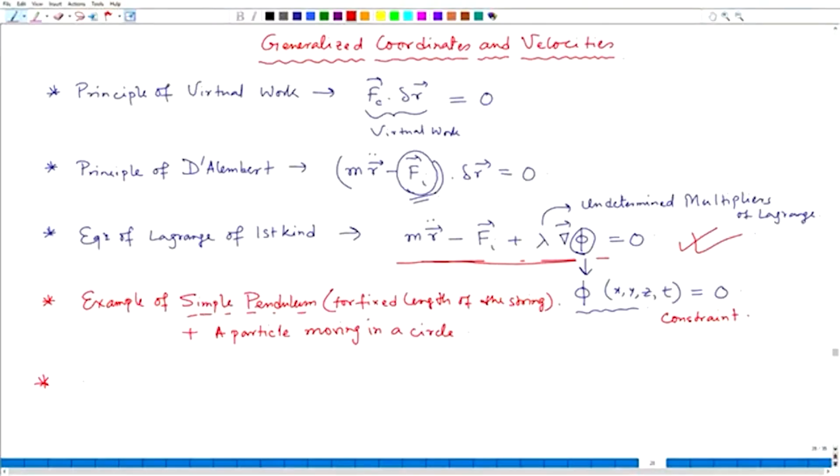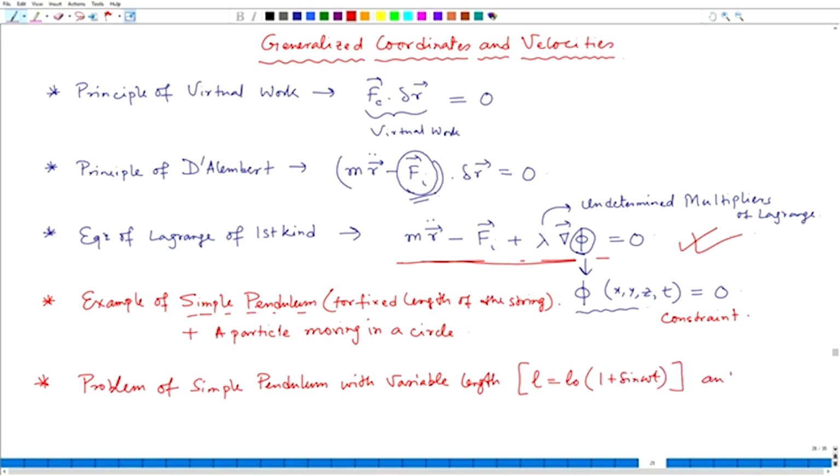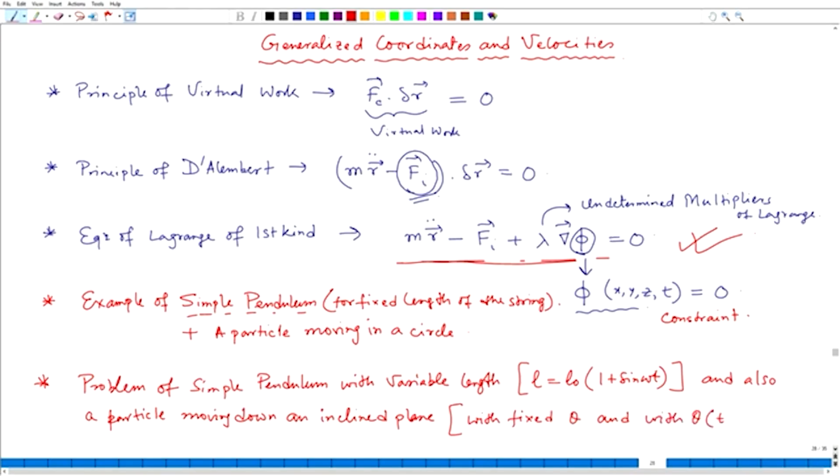Today, I will try to introduce another concept, but before that I want to remind you that you have to do the problem of simple pendulum with variable length, where for example length is L0 (1 plus sin omega t), and also a particle moving down an inclined plane, with fixed theta and with theta a function of t.